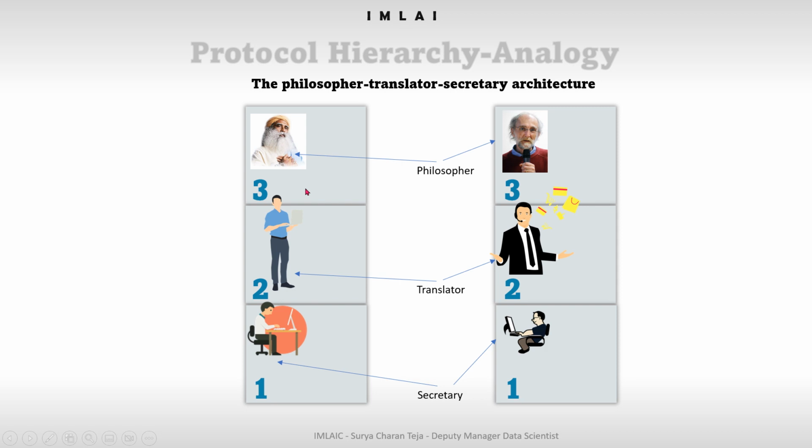Let's see how it happens. Now let's try to transfer a message and we'll see what's going to happen. Now what is the problem here? Philosopher one, Sadhguru, wishes to convey a very important message to his peer about yogic karma or karma yoga.